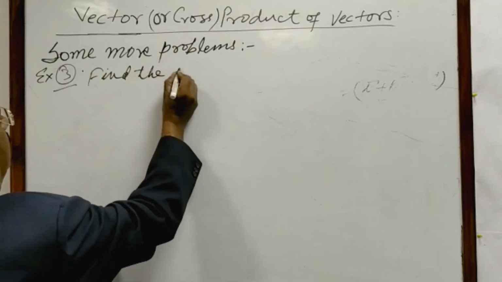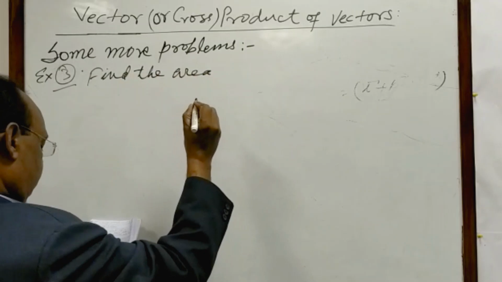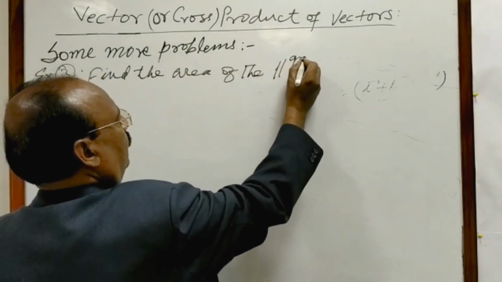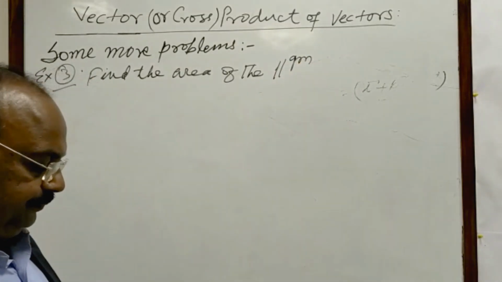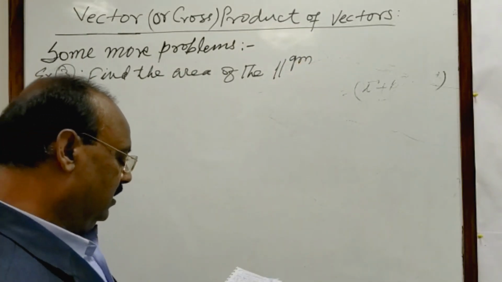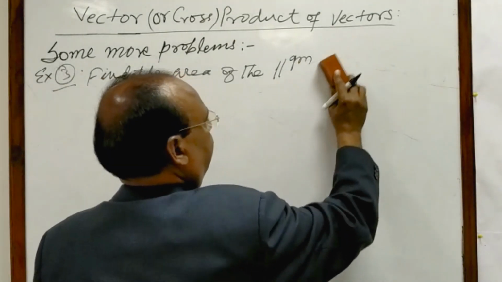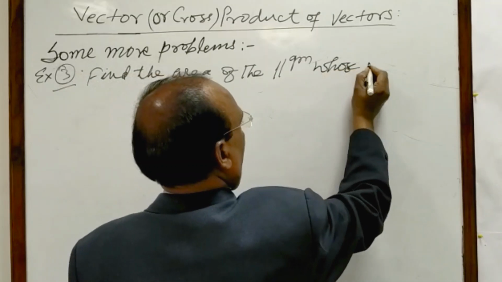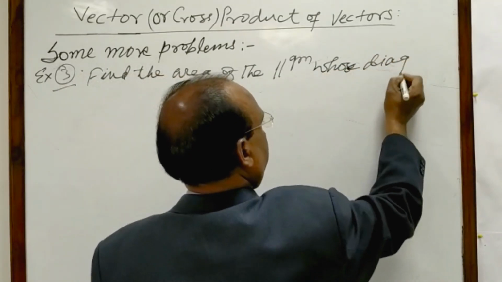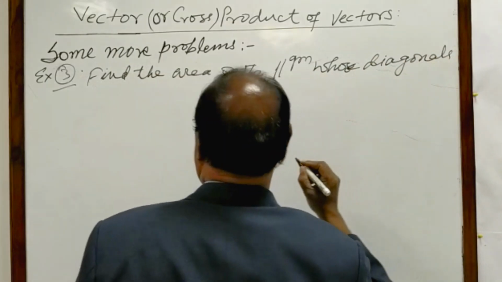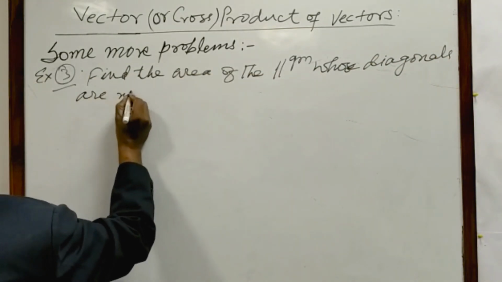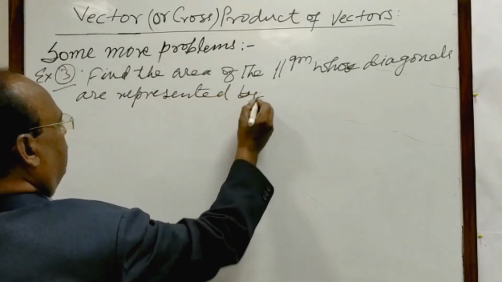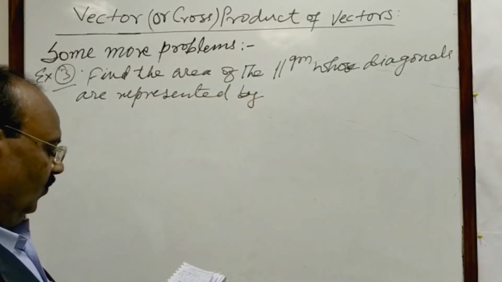Find the area of the parallelogram whose diagonals are represented by the vectors.